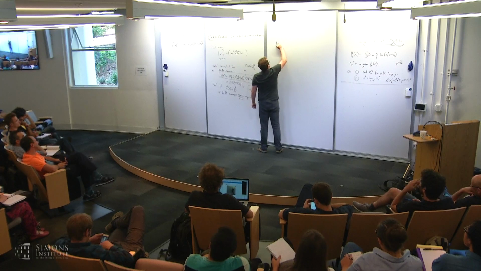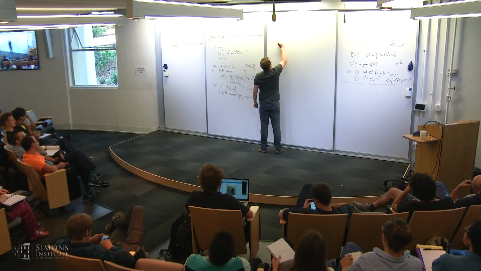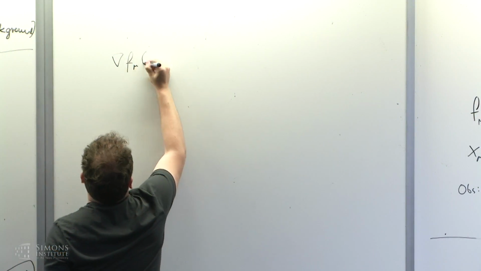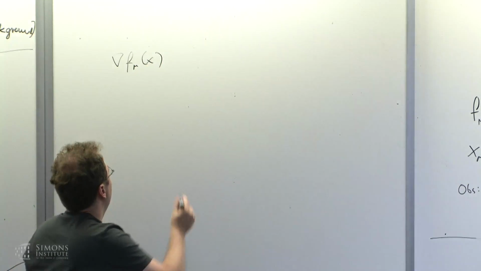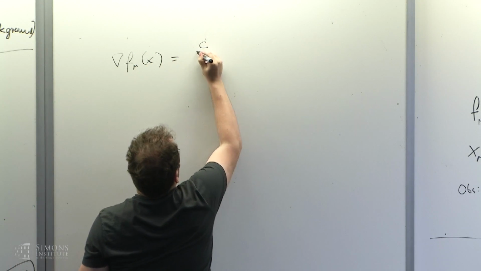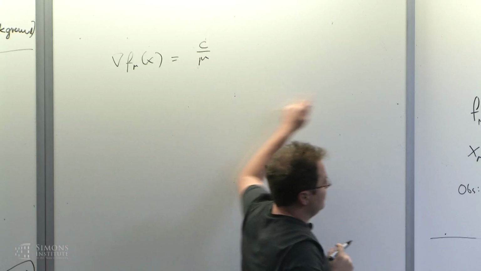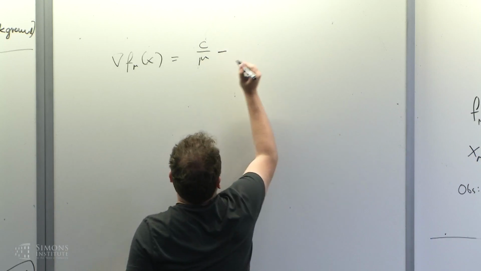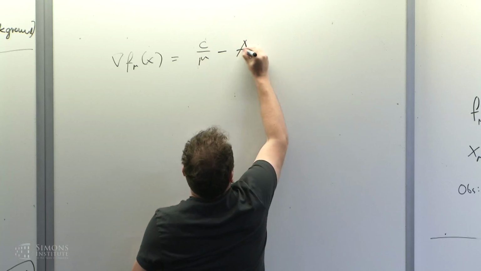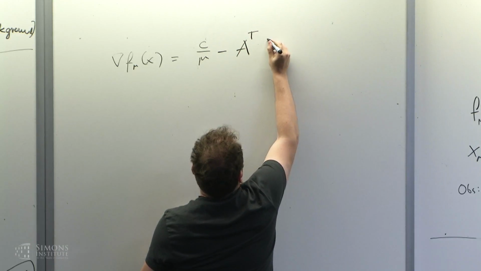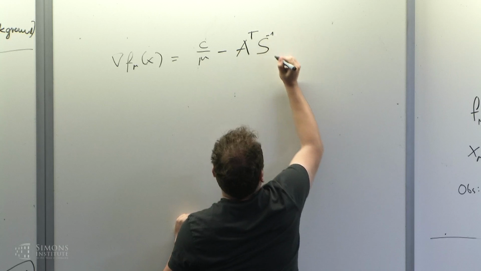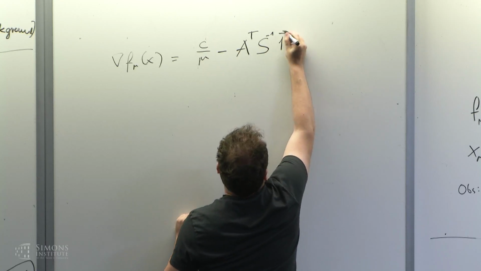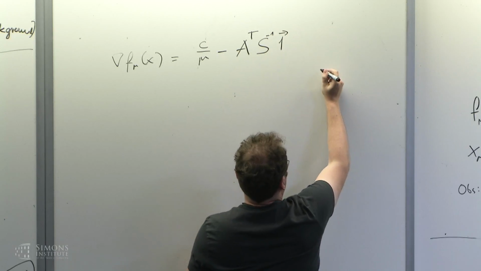So first of all, what is the gradient of f of mu for a given mu and given x? After a little bit of computation, you will know that this is c over mu, the first term, minus essentially A transpose times s inverse, and I will explain what s is in a moment, times the all-ones vector.